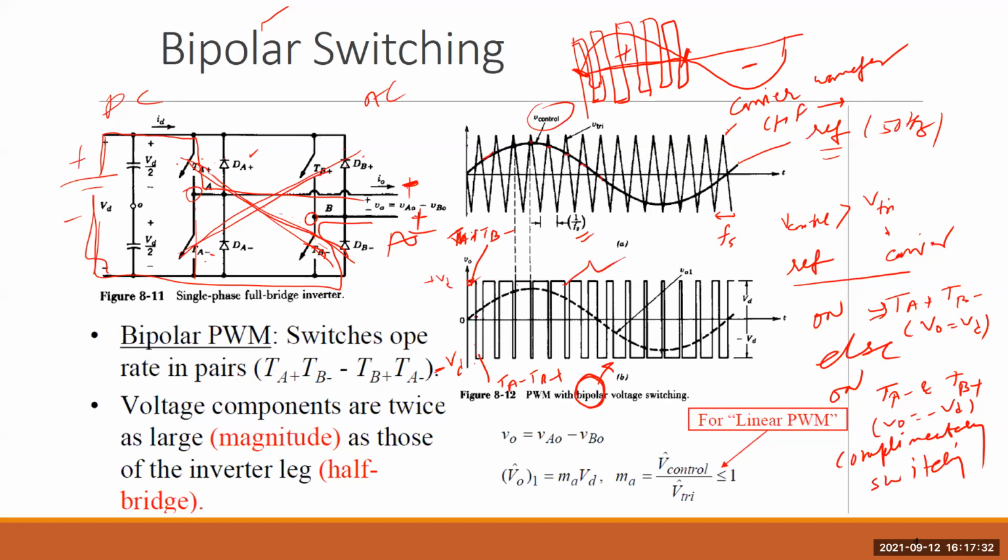Although your reference is all positive, you are generating bipolar, positive and negative both. So the average is this.